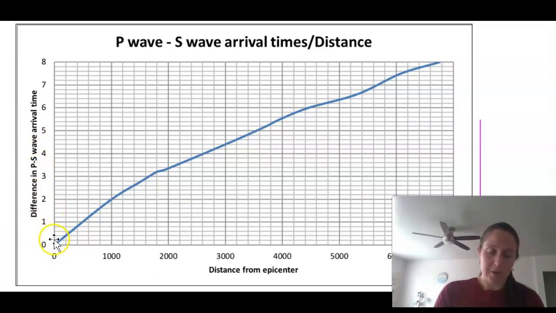What that means is that with increasing time, you have increasing distance, okay? Which makes sense. The farther something is from an earthquake, the longer it will take for those seismic waves to arrive at that location. You'll see that on the other graph, where you have the P and S waves as 2 different curves, they'll be a little bit different.